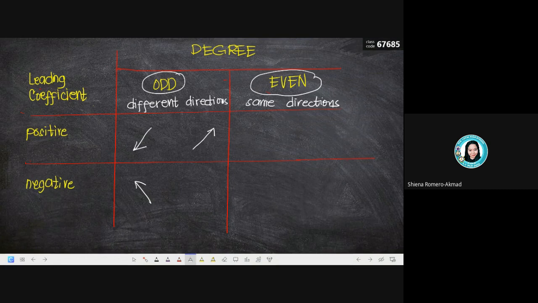Yung isa, syempre, fall na yan. Yung nasa left. Ito naman, yung nasa right, fall. So, madalas, ang itsura ng ating graph dyan ay pag ganito. And sa negative, ganyan. So, makakakita kayo ng mga graph kung saan yung isa ay falling, yung isa ay rising, add yung degree nun. Pag positive, sa right nagre-rise, and pag negative, sa left rising.